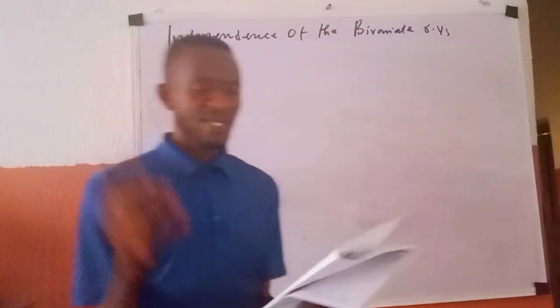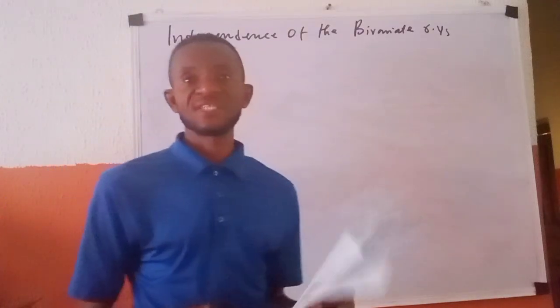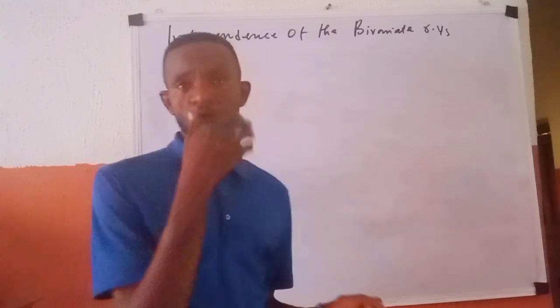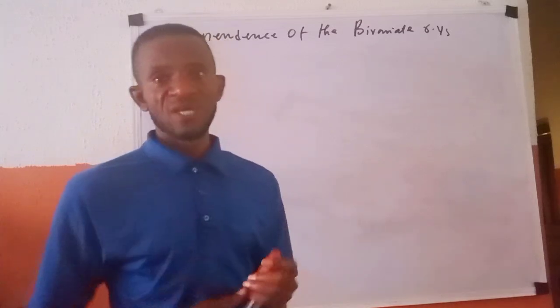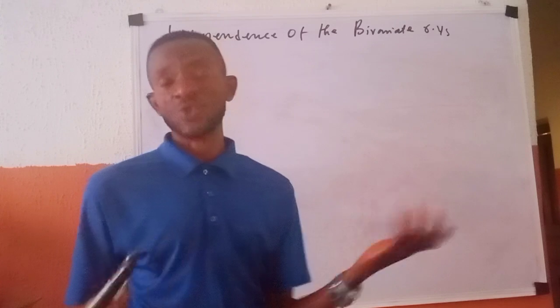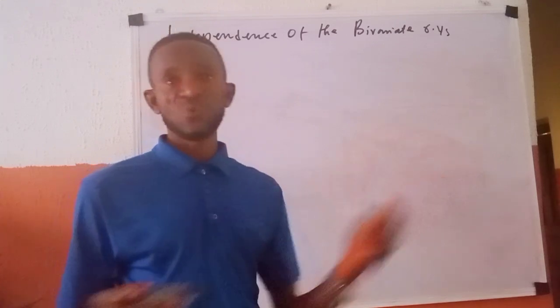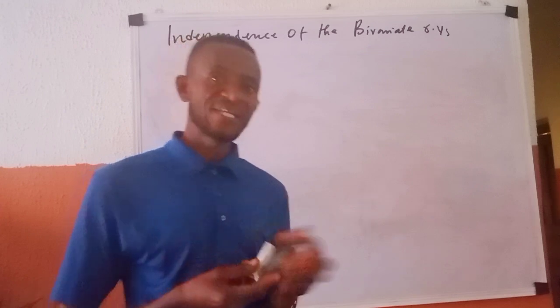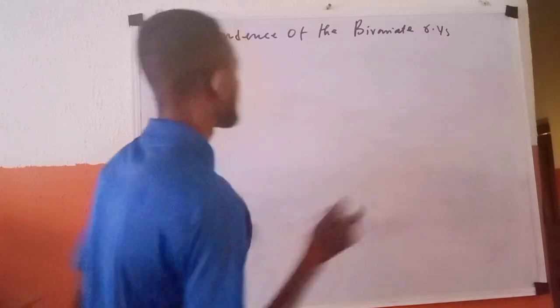We are talking about the independence of this bivariate random variable. Now, there are three things we look forward to, and if any of them happens, we can quickly conclude that the random variables are independent. And what are those things?